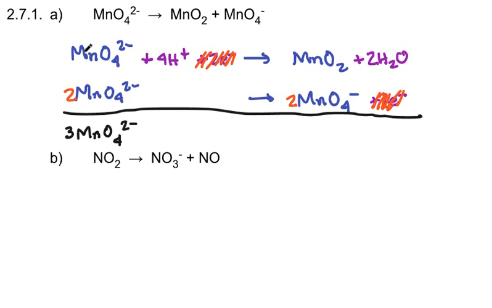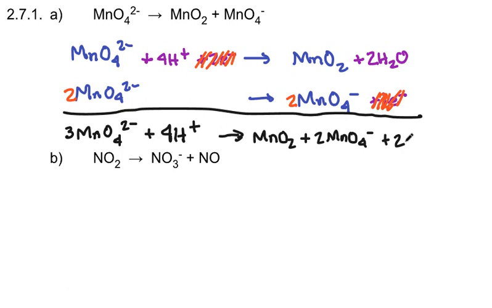This is just like in math, if you had x plus 2x, you'd write 3x. 4 hydrogens, MnO2 plus 2 permanganates and 2H2O. Not too bad. Good.